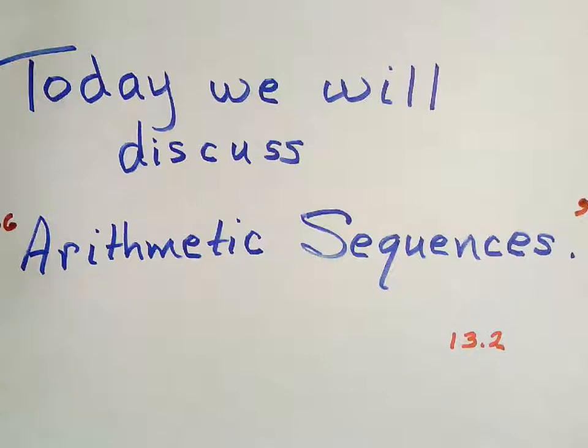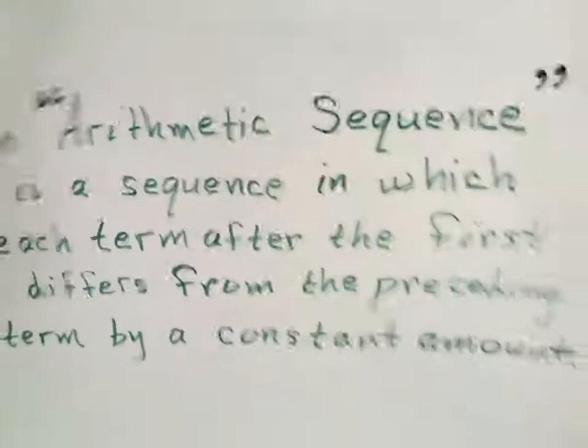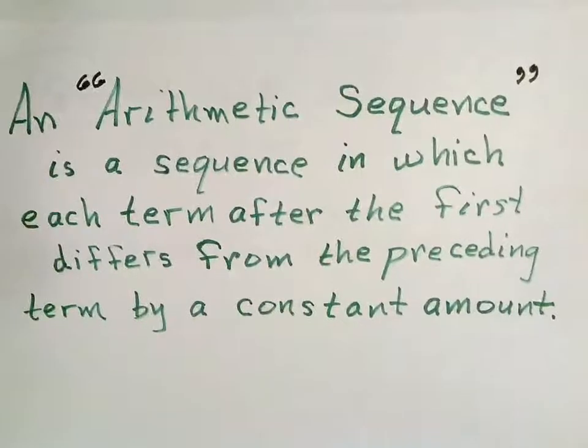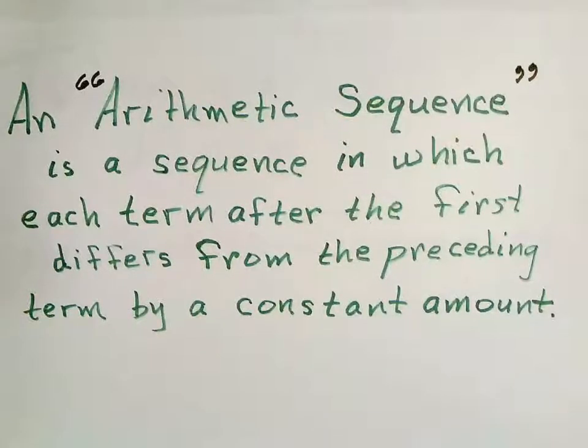Today, we will discuss arithmetic sequences, which is found in Chapter 13, Section 2. An arithmetic sequence is a sequence in which each term after the first differs from the preceding term by a constant amount.